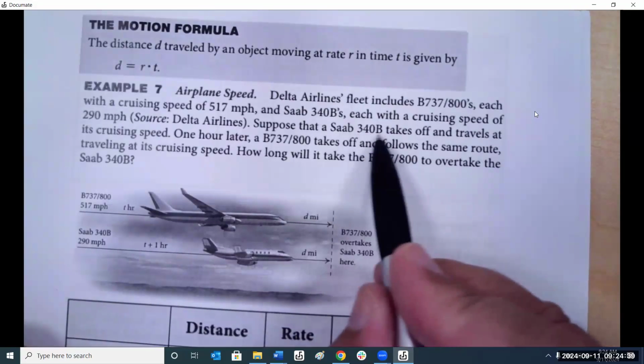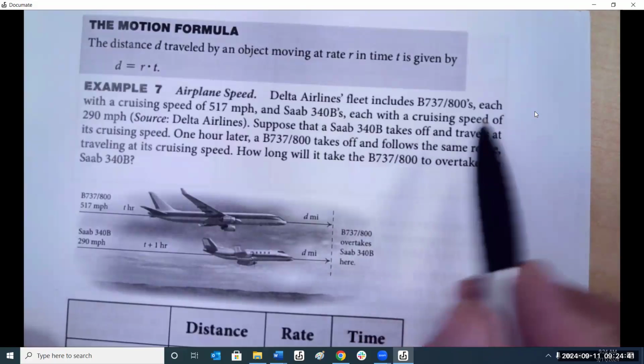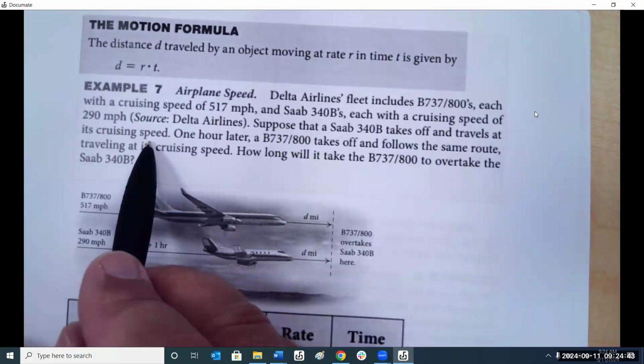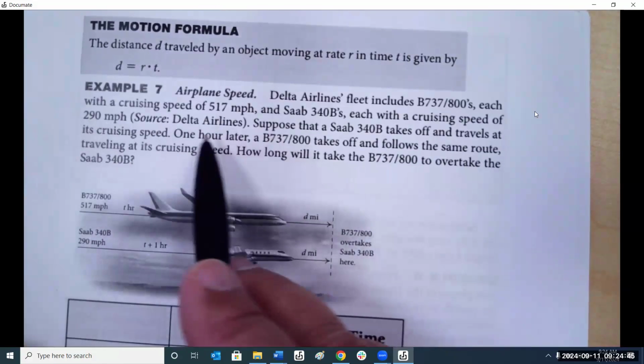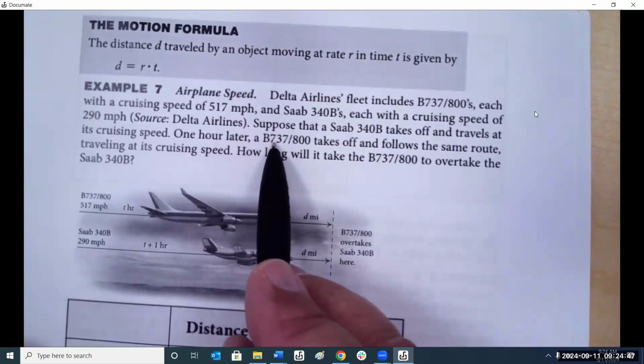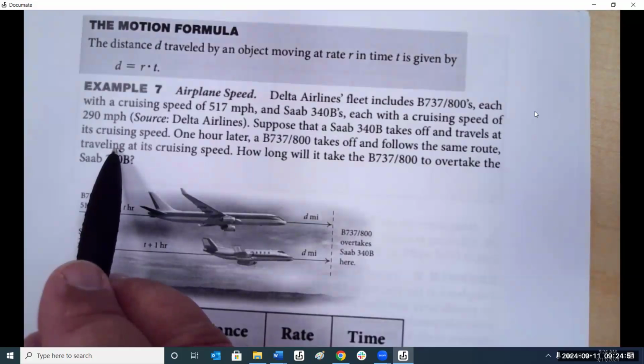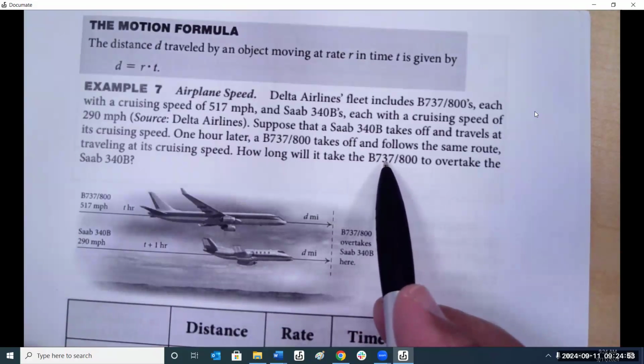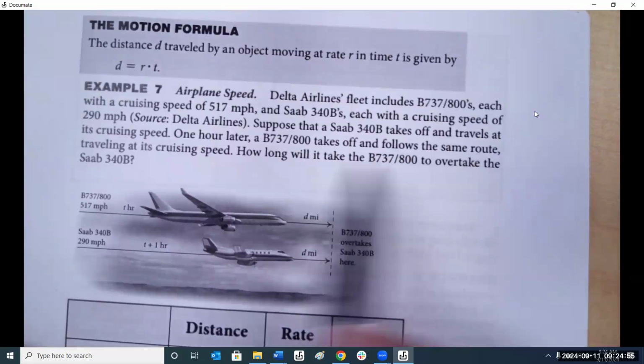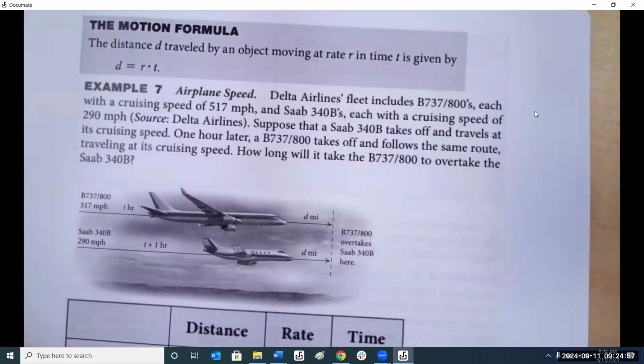Suppose that a 340 takes off and travels at its cruising speed, which is 290. 1 hour later, the 737 takes off at its cruising speed, same direction and everything. How long will it take the 737 to overtake the 340?